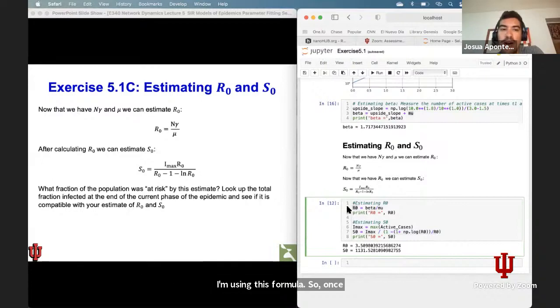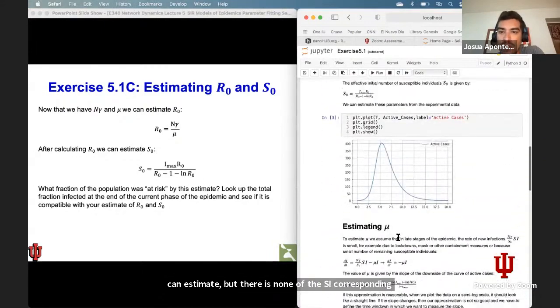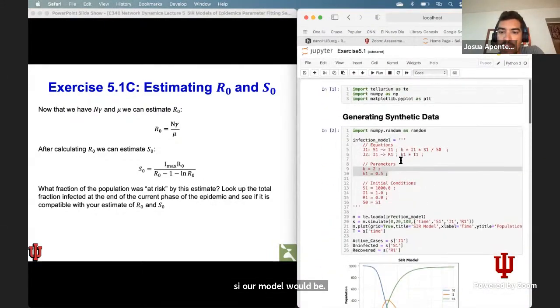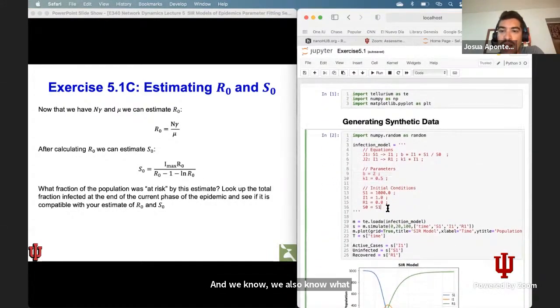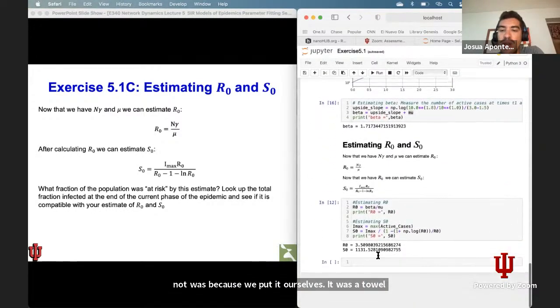Once we know R naught, we can estimate what the S naught of the corresponding SIR model would be. And we also know the ground truth for S naught because we put it ourselves. It was 8,000, and in my estimate it is 1,131.